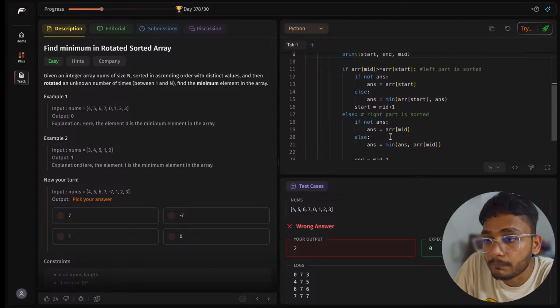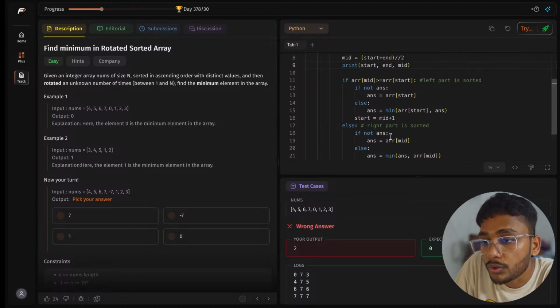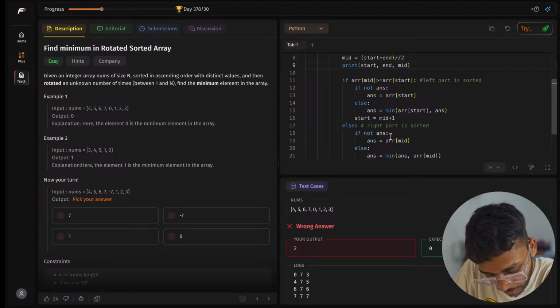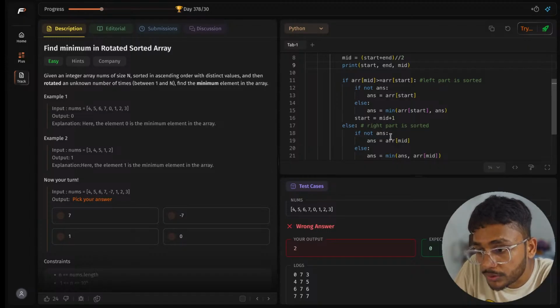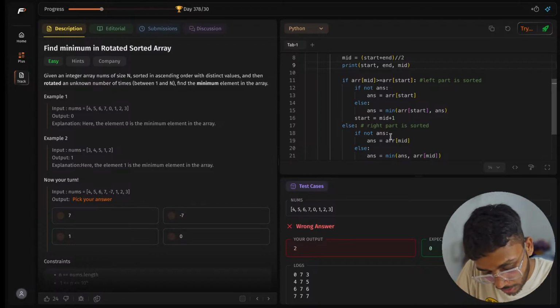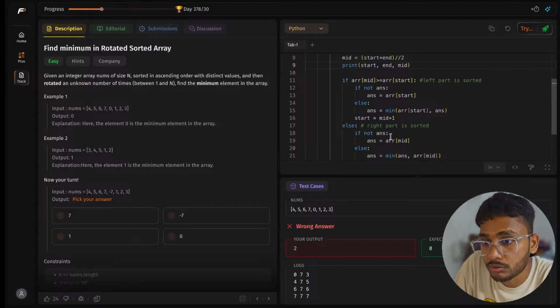4, 7, 5. So when we have 4 and 7, start will be 4 and end will be 7 and mid is 5. Array of mid is greater than or equal to start.